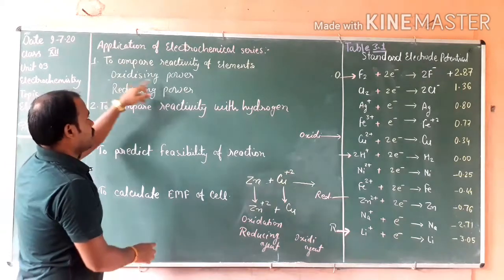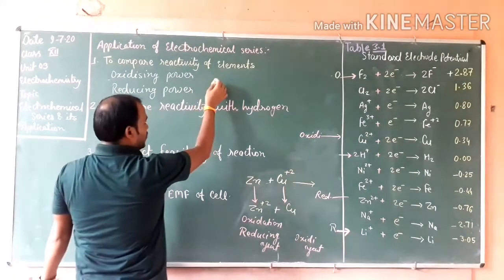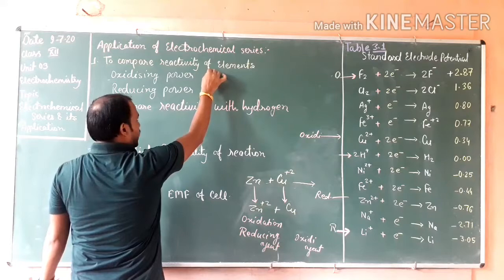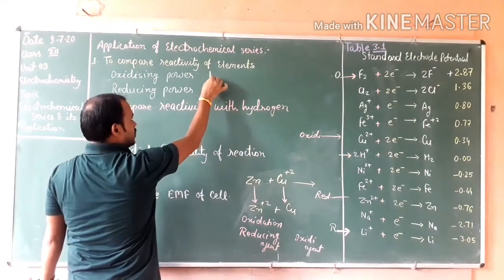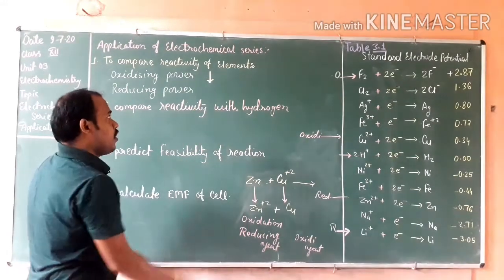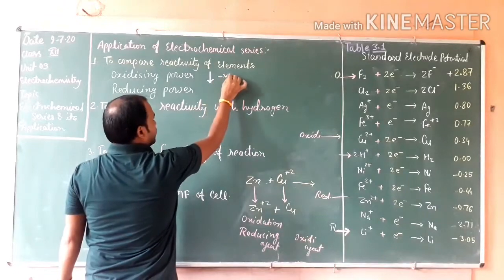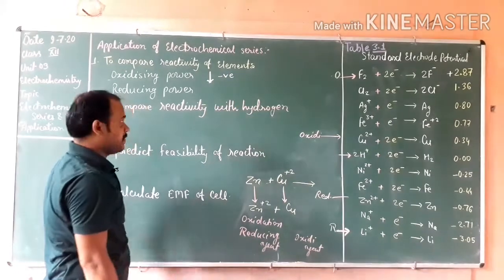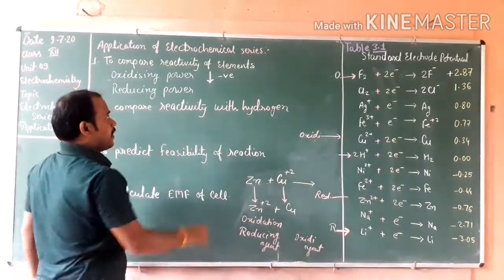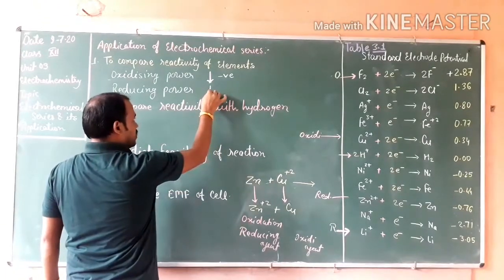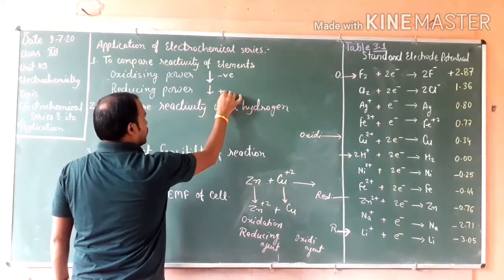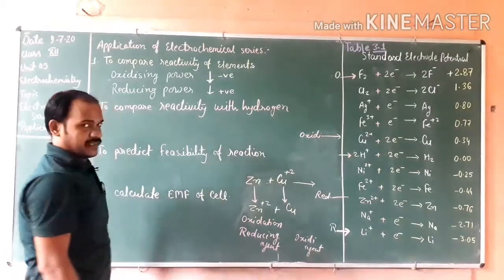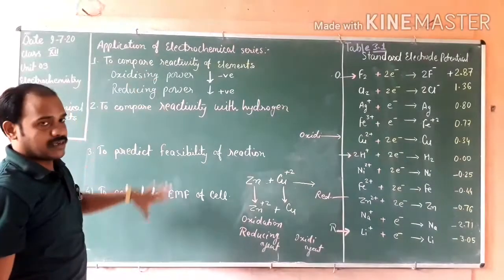So here see oxidizing power. What is the change in oxidizing power? As you move down in this series, oxidizing power decreases. Okay, and reducing power, as you move down in this group, increases. Okay, this is the relation.